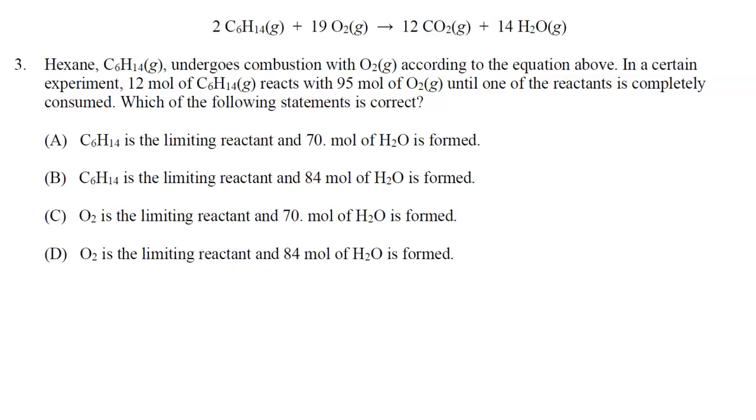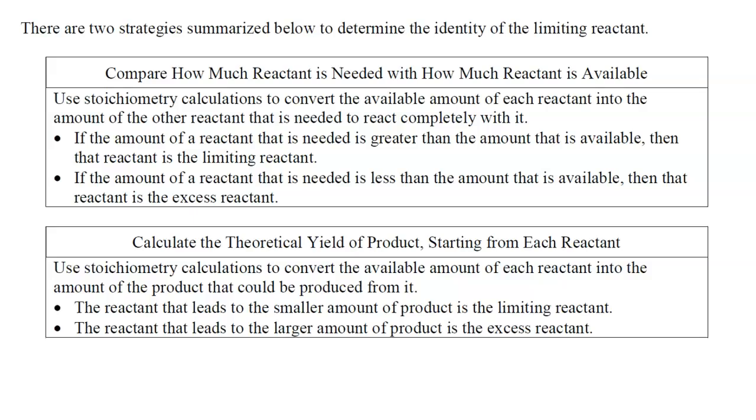Now, in my earlier video on topic 4.5, which covers stoichiometry, I presented two different strategies for determining the identity of the limiting reactant. In one strategy, you compare how much reactant is needed with how much reactant is available. In the other strategy, you calculate the theoretical yield of product starting from each reactant.